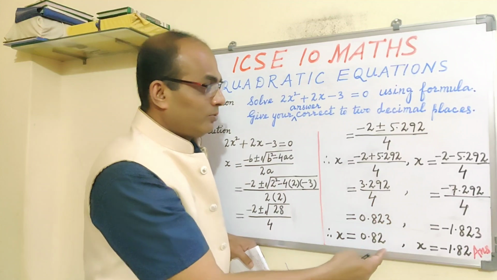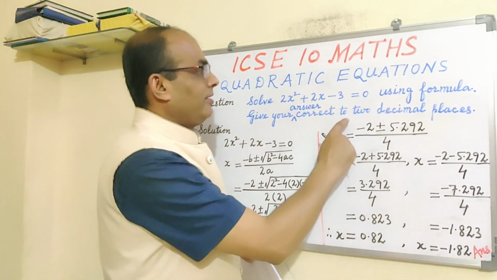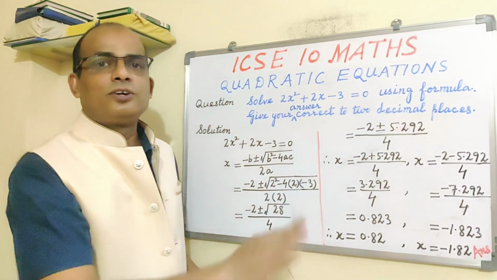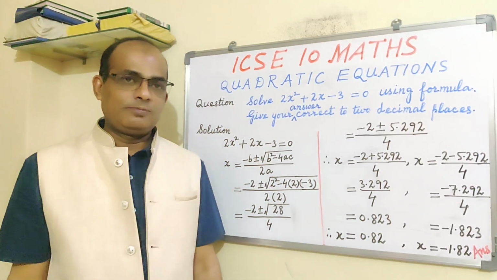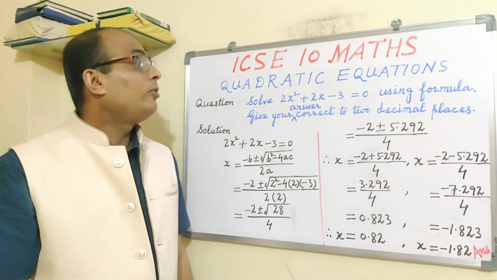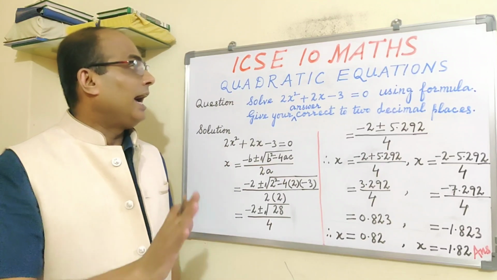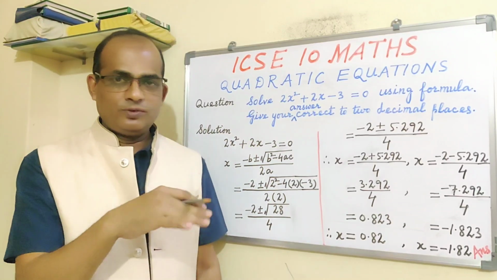If you have to write down up to 2 significant figures, accordingly you have to change it, right? Then it will be wrong. If it is up to 2 significant figures and you are writing like this, then again it is wrong. So you are losing 1 mark, the last mark, the answer mark. Okay, hope things are very, very clear. I am doing only the quadratic equation using formula. I am not talking about the nature of the roots, etc.